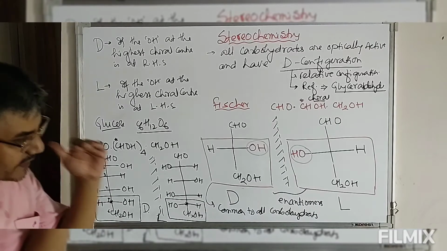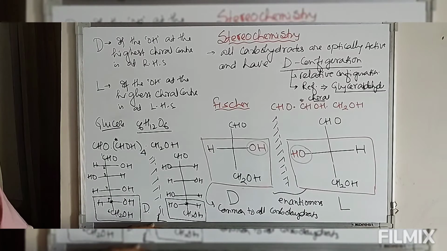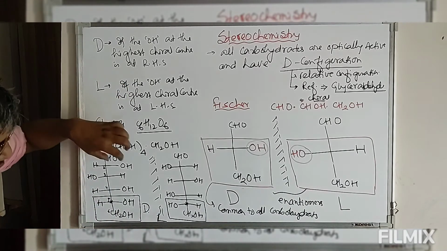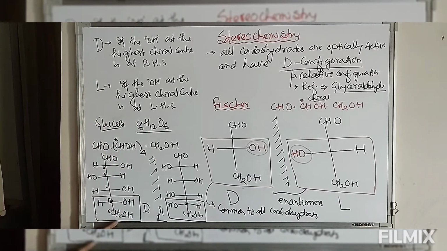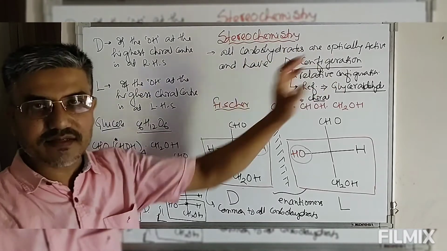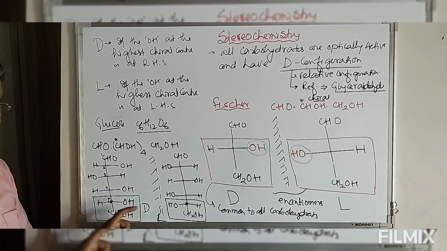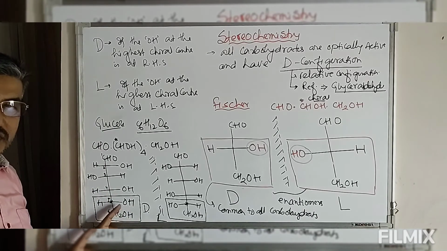So all naturally occurring glucose are capital D form. D-glucose is also known as dextrose form, because all these are optically active, as I have told you. So capital D means the configuration at the highest chiral center is on the right hand side.